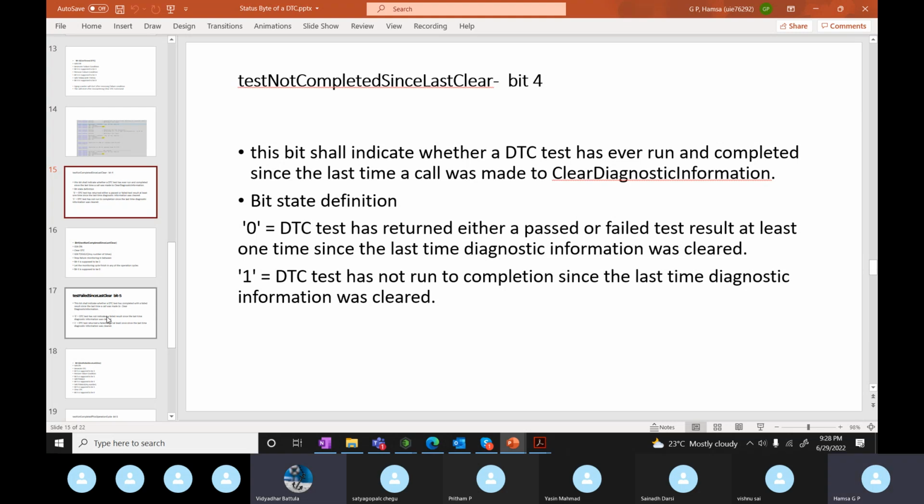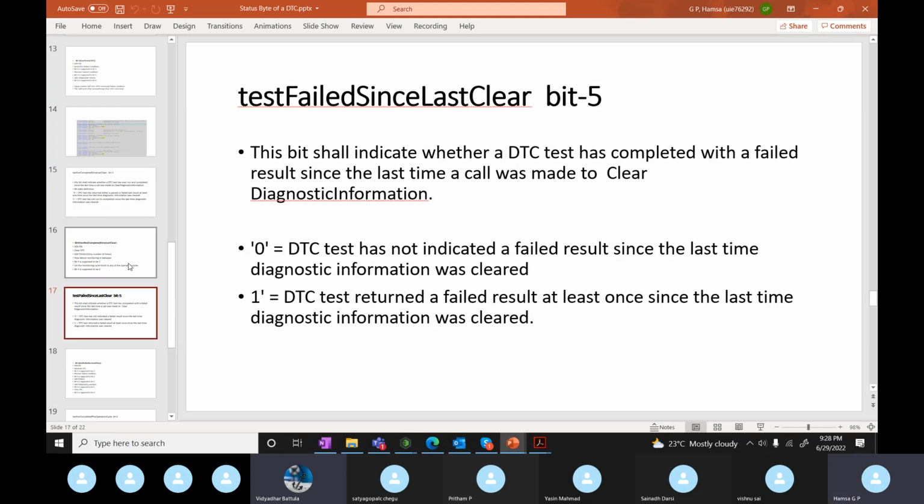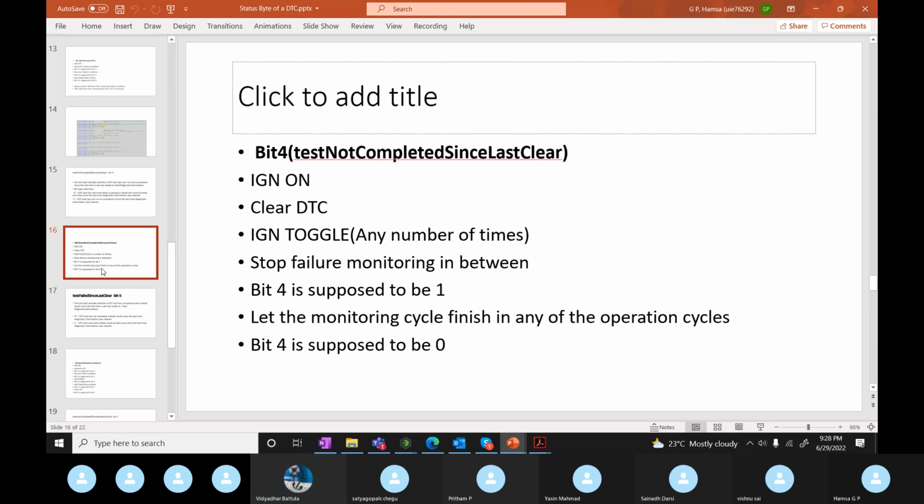I have one doubt, ma'am, regarding this. If the ignition cycle is turned on and off 40 times, as a tester, after that, does the fourth bit remain 1, or will it show 0?